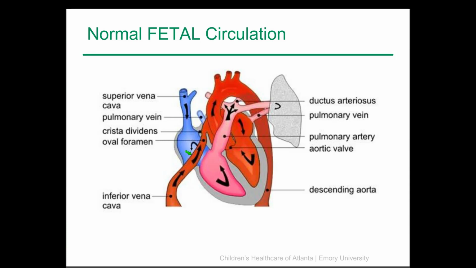Some of this blood, though, will empty into the right atrium and mix with the superior vena cava blood, go through the tricuspid valve to the right ventricle, and get pumped out of the right ventricle through the pulmonary valve into the pulmonary arteries. And again, we have another opportunity for oxygenated blood to bypass the lungs. So here is our ductus arteriosus. Now, this figure is not completely accurate because in utero, the ductus arteriosus is quite large.